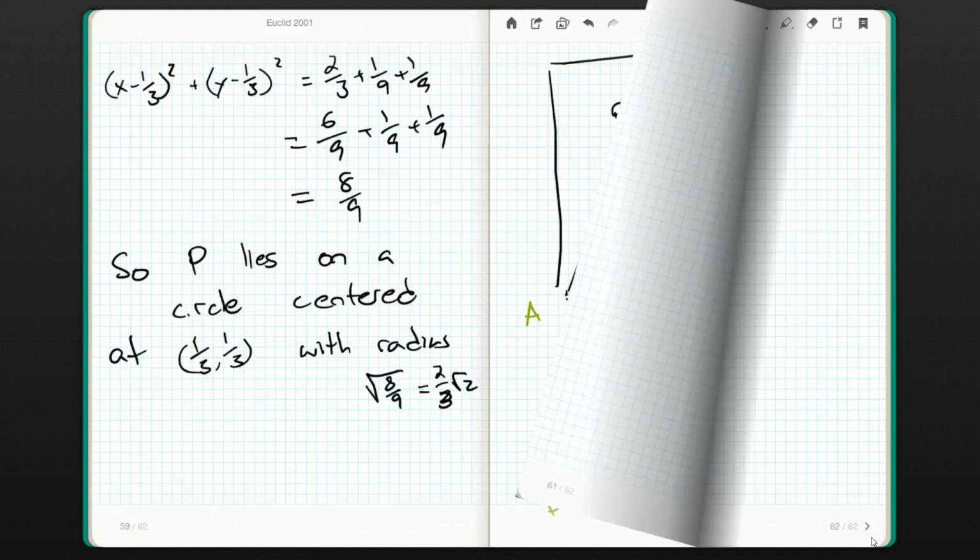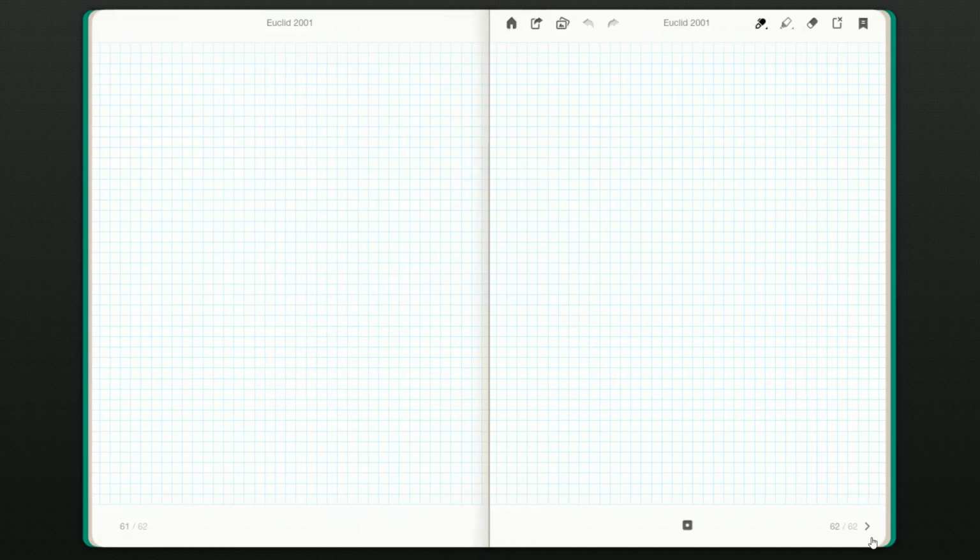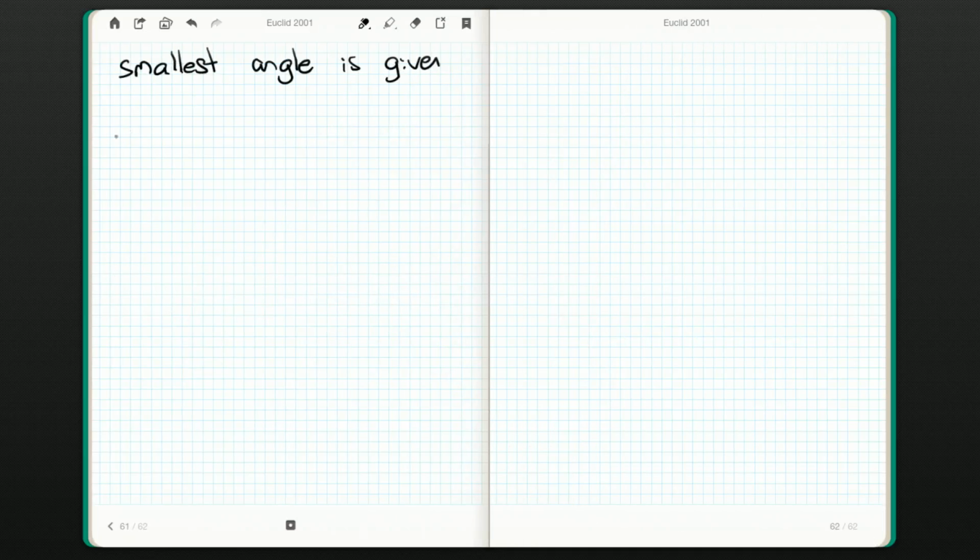So the smallest angle is going to be, I want to say closest to AD, but I don't think that quite is what I want.